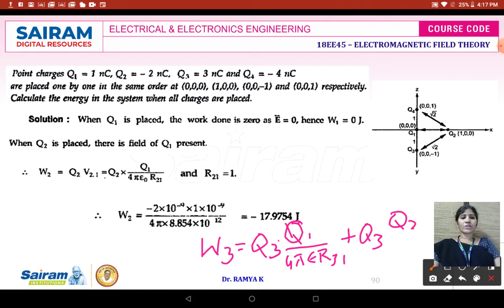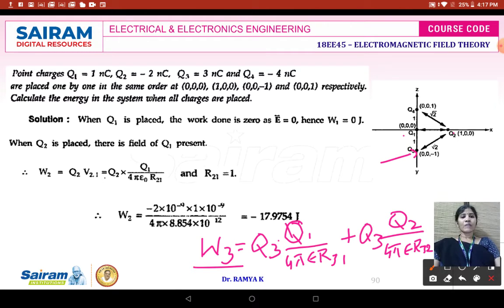So, Q3 into Q2 divided by 4 pi epsilon R32.